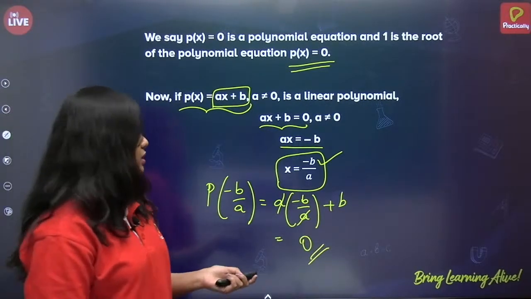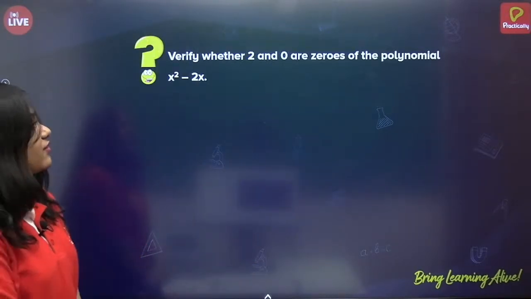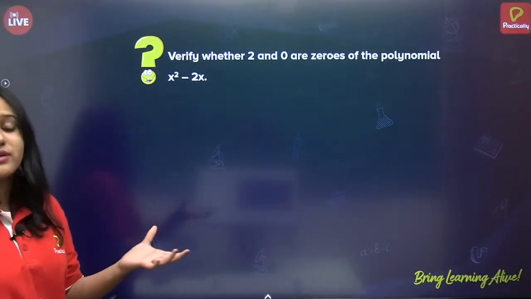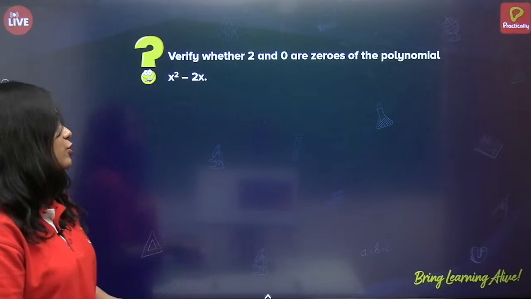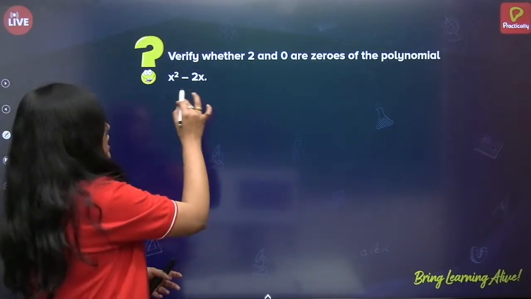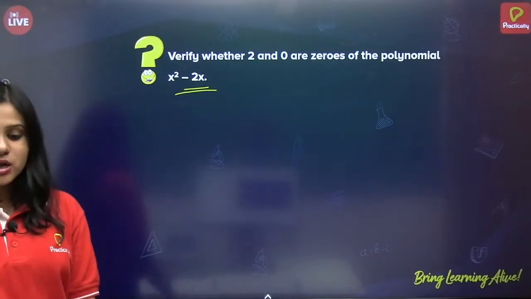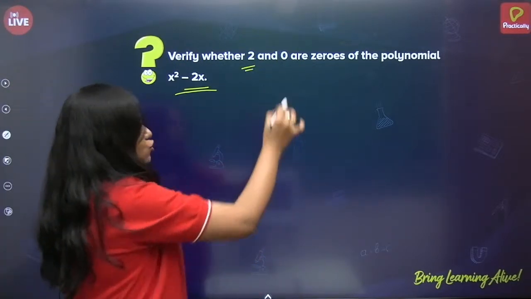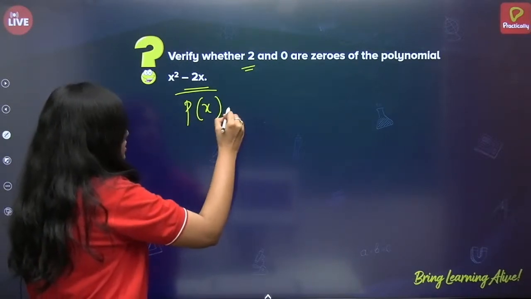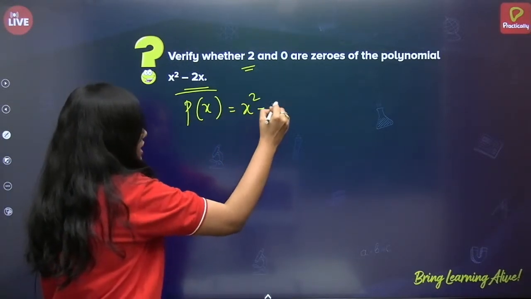Okay. Next, now that we have studied the topic, let us see whether we have understood by applying it in the question. Verify whether 2 and 0 are zeros of the polynomial x square minus 2x. Come on, first let us do with 2. Okay. What is the given polynomial? P of x is equals to x square minus 2x.